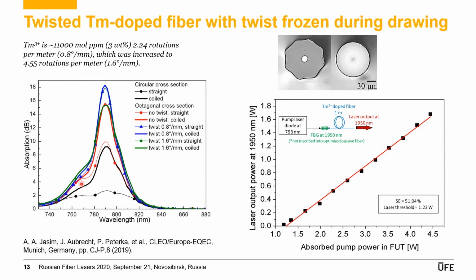Look here for the absorption of the same fiber, but twisted during drawing. We got at least 6 dB improvement in the peak absorption. So, in conclusion, the preform spinning improves pump absorption in double-clad fibers with the octagonal cross-section, even for the case of straight fibers, or in coiled fibers with a large radius of the coil.